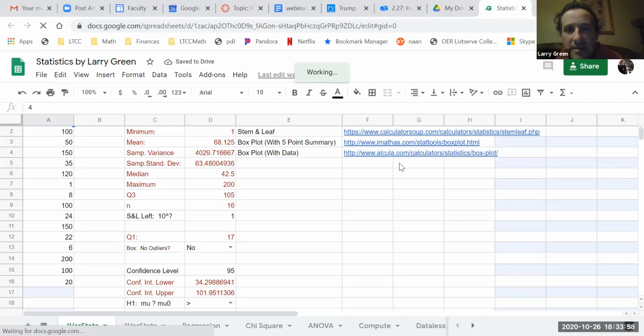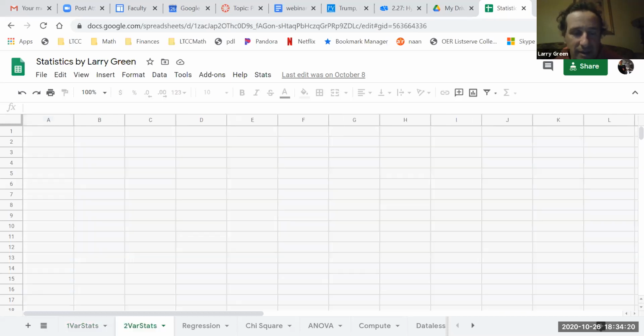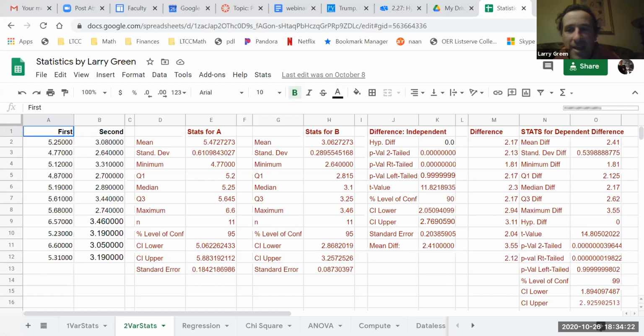So this basically was the project 1 part of the spreadsheet. The project 2 part of the spreadsheet, I don't think you can see it because it's at the bottom of the screen and I can't make it be at the top, but at the bottom of the screen, the tab that's open is 1 var stats. You want to click on 2 var stats. And then you'll have your first and your second column.